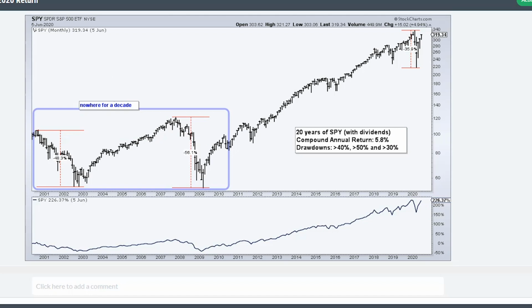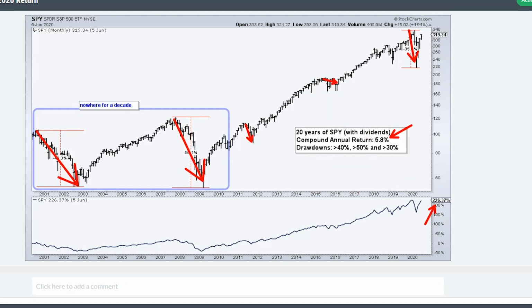And this is the argument for market timing, because in order to get to that 226% gain and that 5.8% annual return, you would have had to endure a 48% drawdown, a 56% drawdown, and then the most recent, a 36% drawdown. And then you got some smaller pullbacks or consolidations along the way.